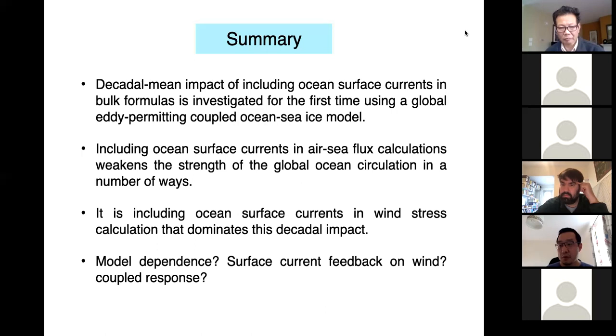Also we only have an ocean-only model, and it will be interesting to see what impact a coupled model is going to have, because in the ocean-only model we see a reduction in ocean heat loss to the atmosphere at subpolar North Atlantic, and how that is going to affect things like storm track, and how things are going to feed back to each other. It's a very interesting question to look into.